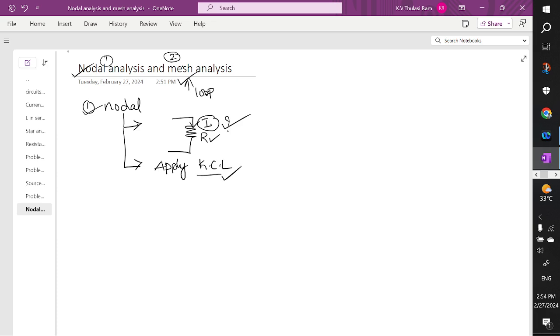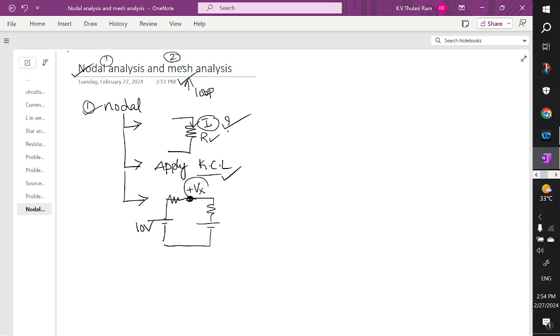This is the second point you have to remember. While solving, you have to assume a node. For example, you have a voltage source of 10 volts, and here we are going to apply nodal analysis. We have to assume this node is of a higher potential. Here you have some resistive branches, and let us mark this as the unknown node.